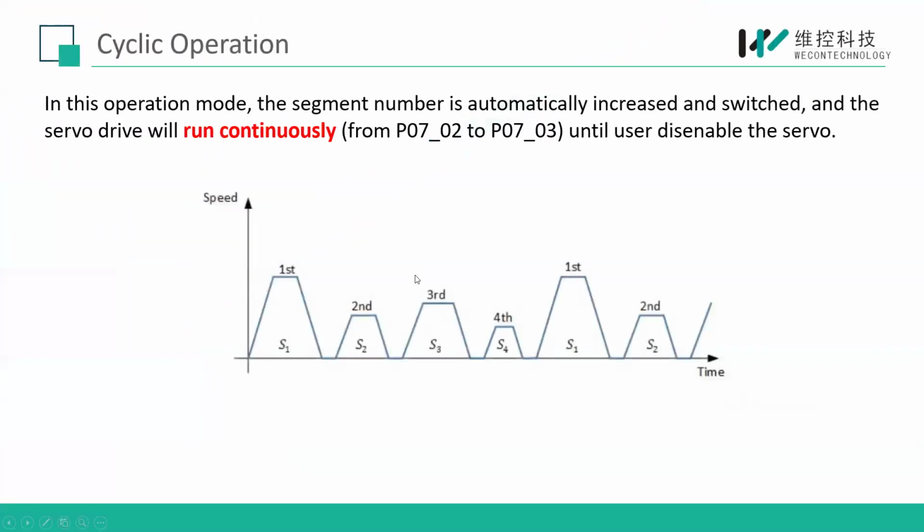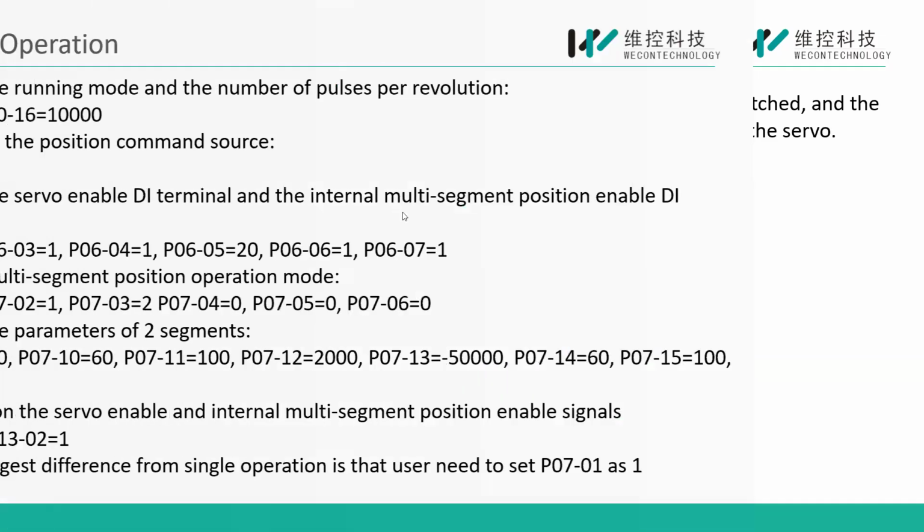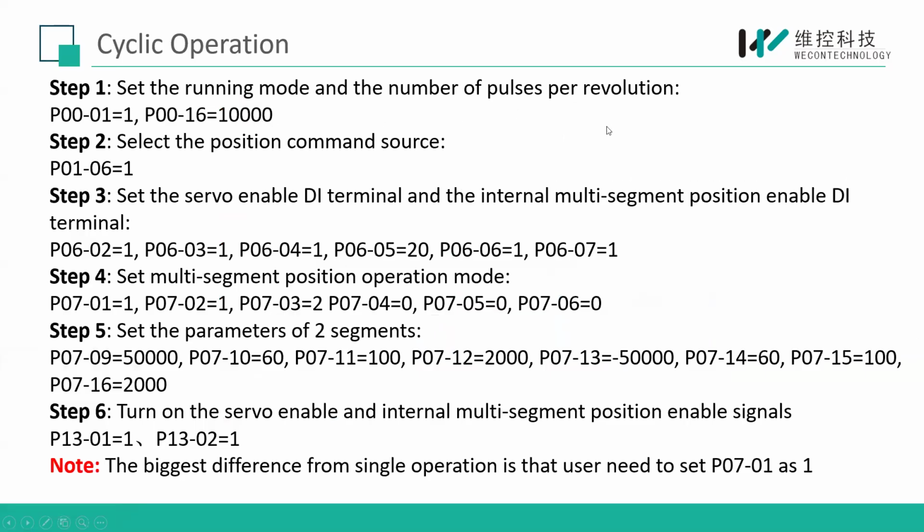And the next is cycling operation. The only difference is that after the servo finishes the last segment, the servo will continue to run from the first segment again. So it's a cycling move, and all these parameter configurations are the same.